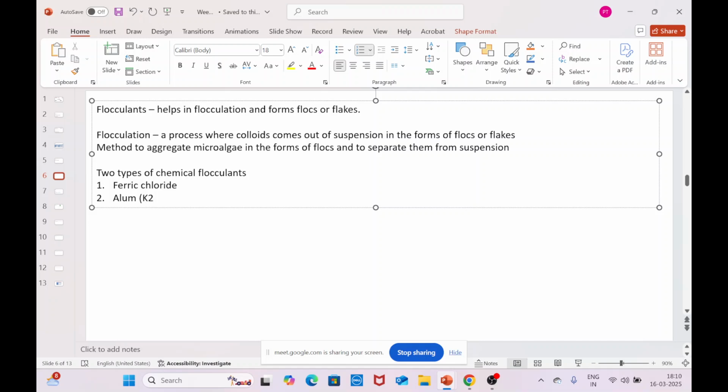So potash alum is K2SO4.Al2(SO4)3.24H2O. So this is what is called potash alum, and if you replace that potassium with sodium, you have soda alum, and if you have chromium, it is called chrome alum, and so many different varieties are available.